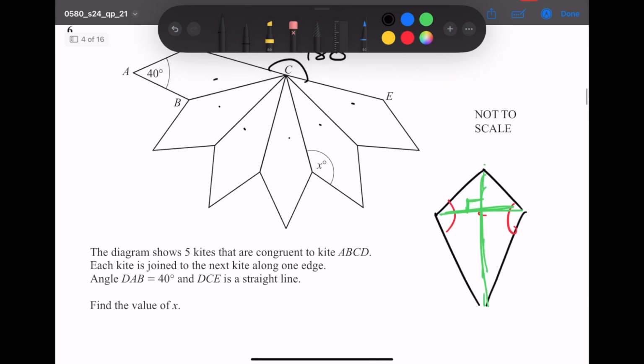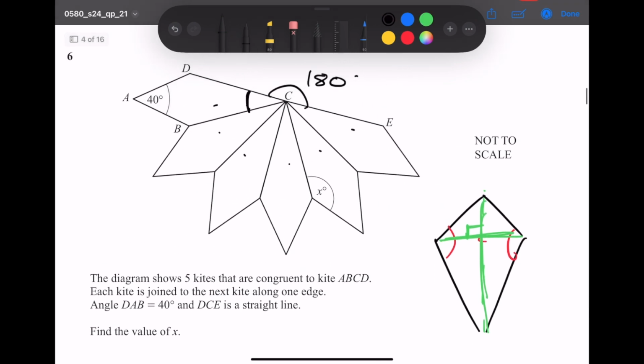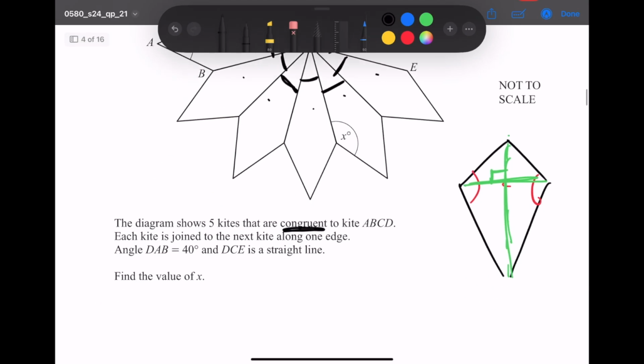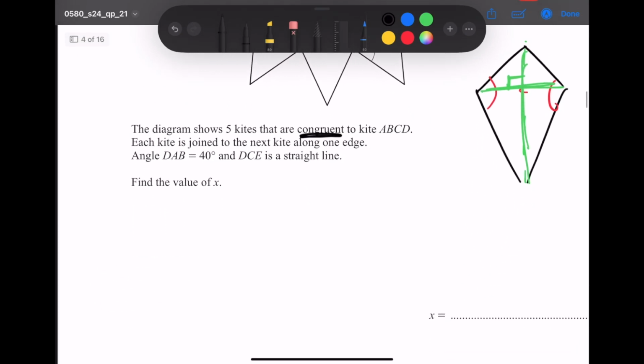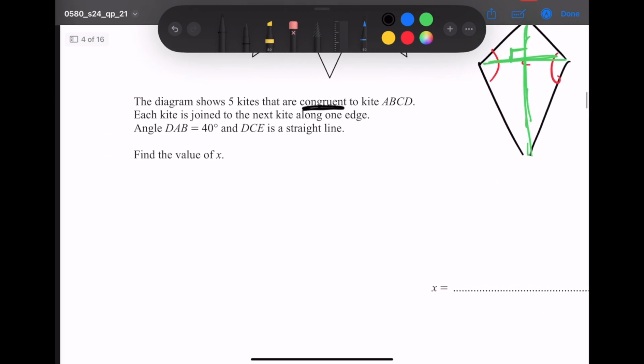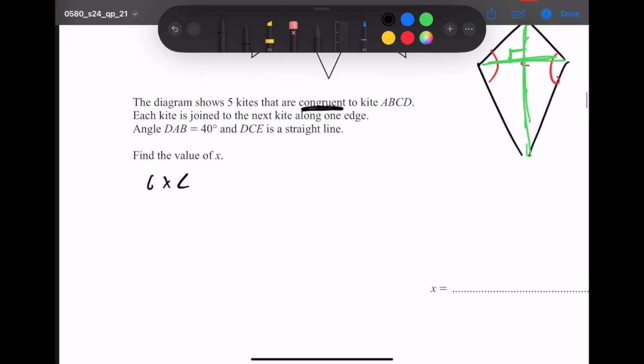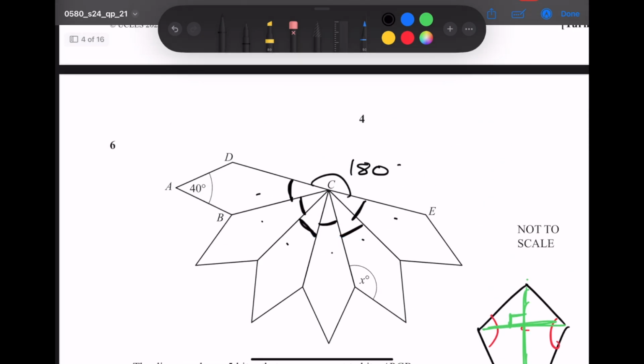To find the angle DCB, we can see that since all these angles are the same, since the kites are congruent, i.e. all the kites have the same shape and the same angles, this means that 6 times angle DCB is equal to 180 degrees.